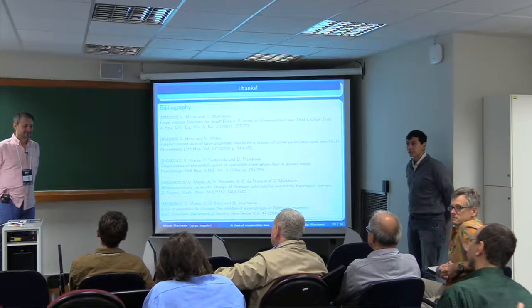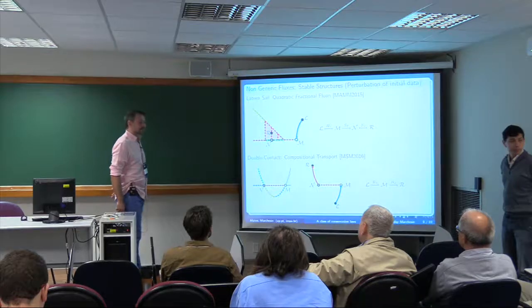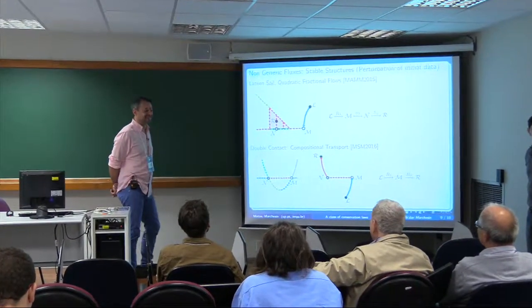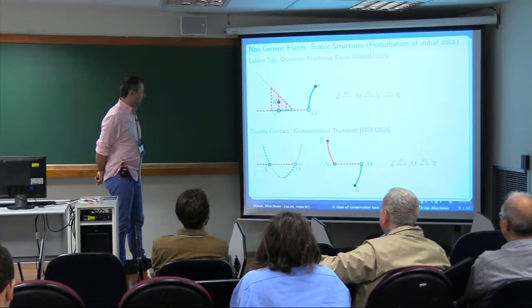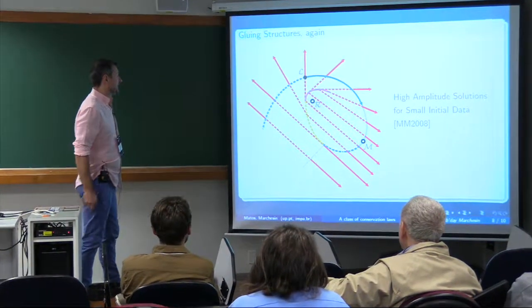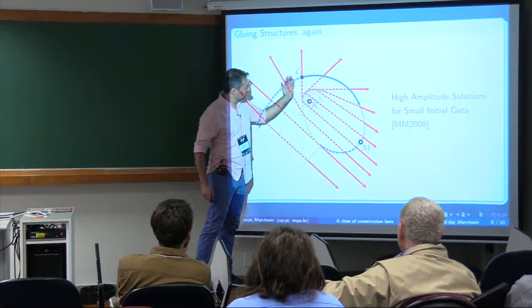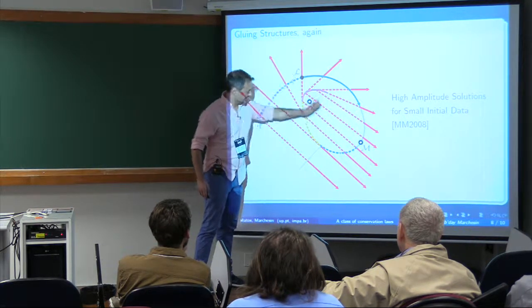What's the role of the overcompressive? I tell everybody to ask you, so now I am asking you. The overcompressive? Yes. Okay. They appear here, joining two solutions, one from this part and another from that one.